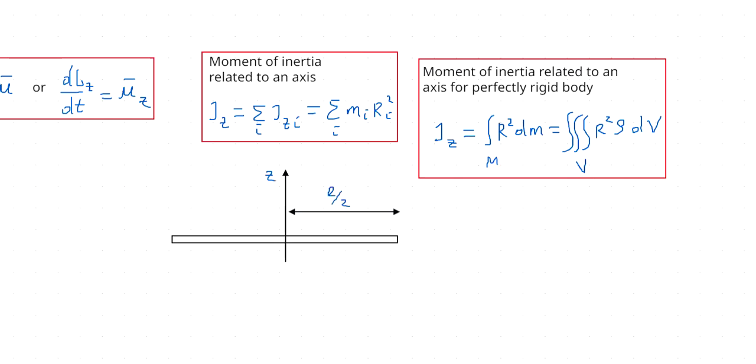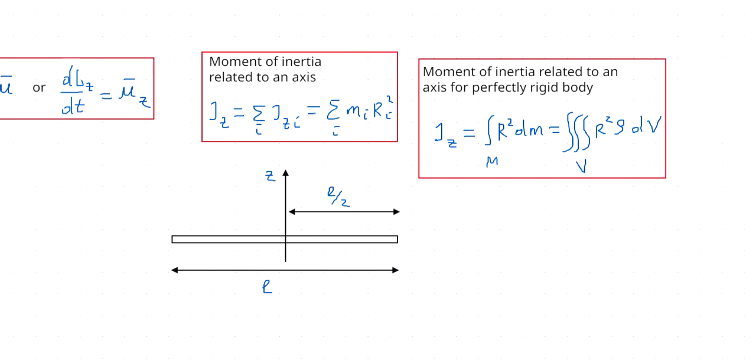L is the length of the rod. Here we have L, and mass is m. Okay, how to calculate its moment of inertia?